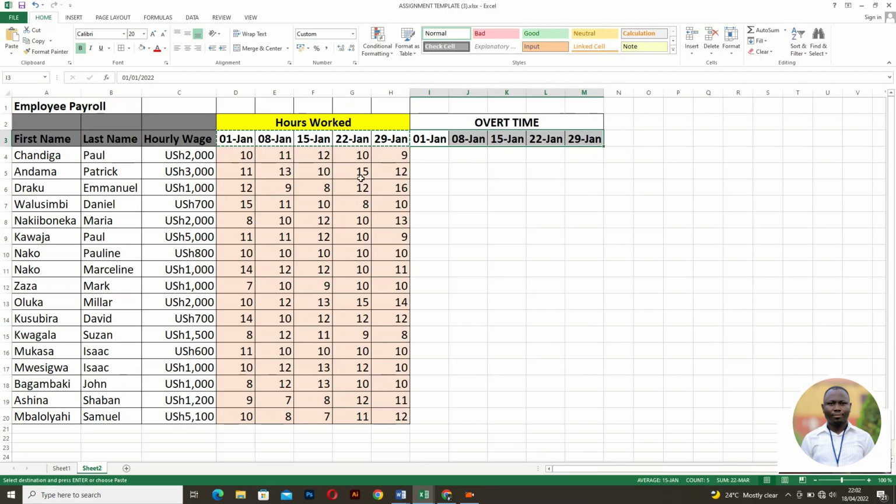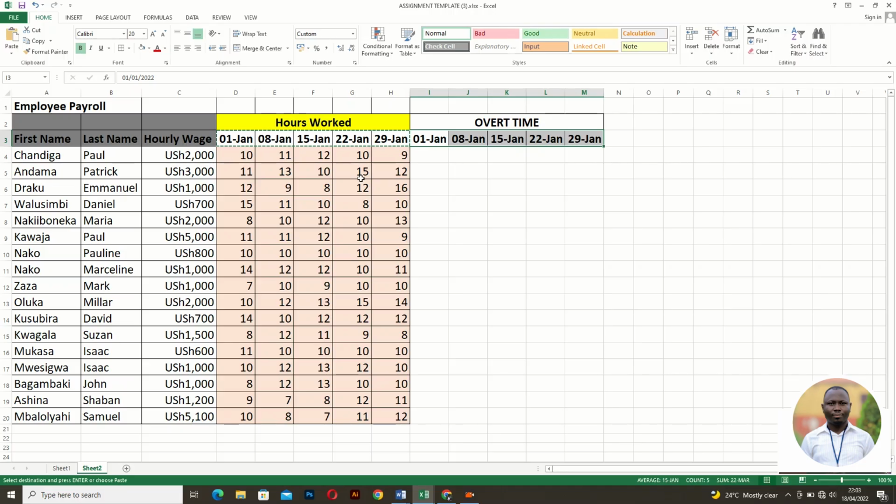It's showing those hash symbols because the values are bigger than the cells.